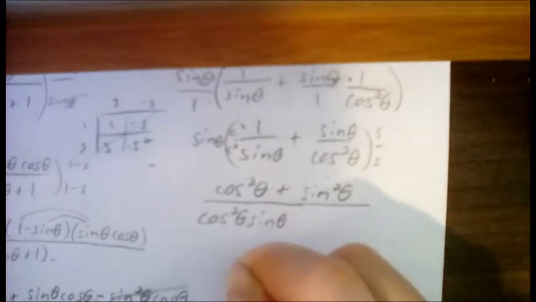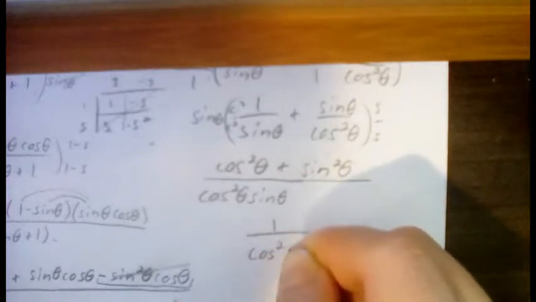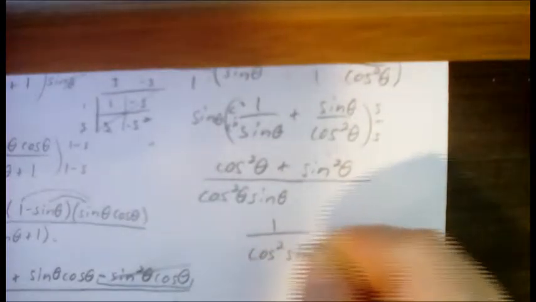Then you'll have to multiply each of these by sine. That gets you this common denominator. The sine times sine will be sine squared. And we know that cosine squared plus sine squared is the same as 1.